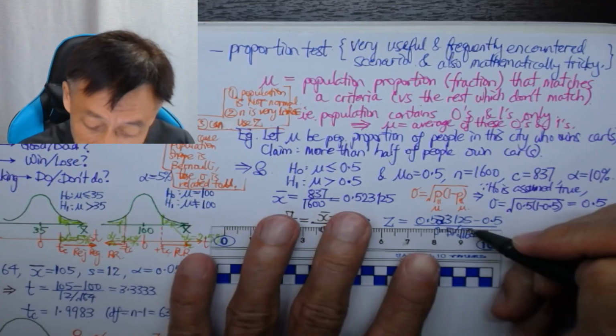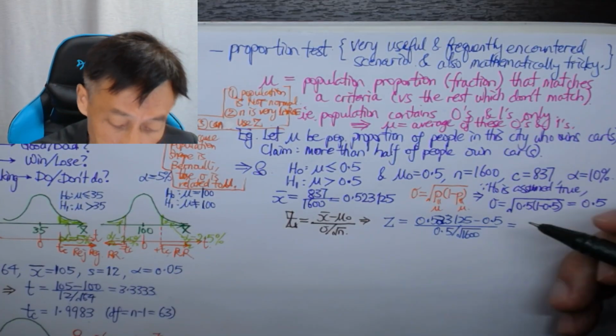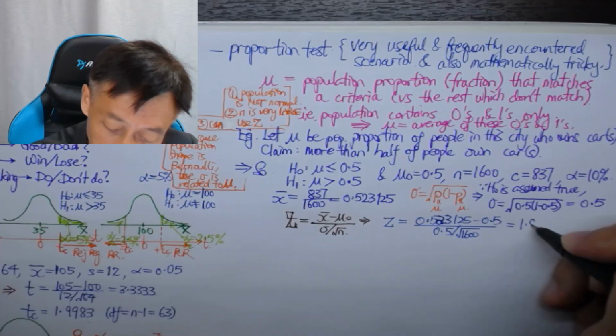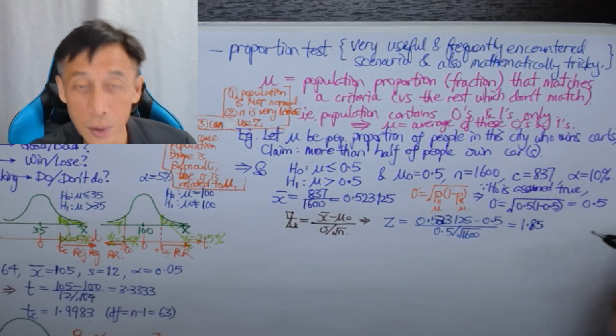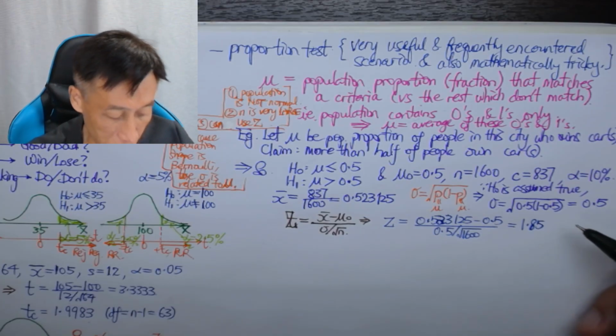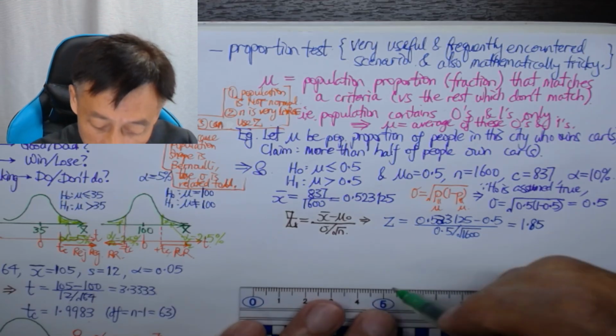Now that is a nice number for square root. If my calculation is correct, and if it is not, then you correct it, but you at least already know the logic behind. So 1.85.